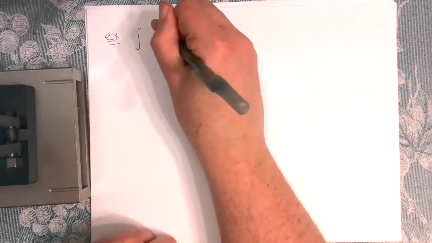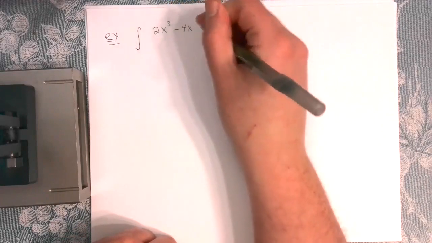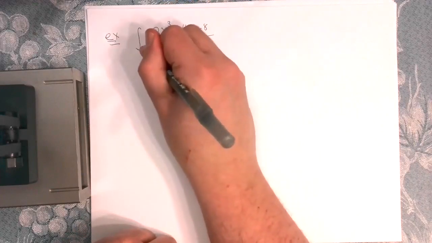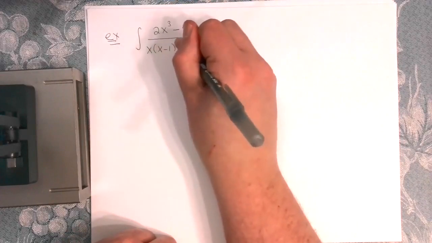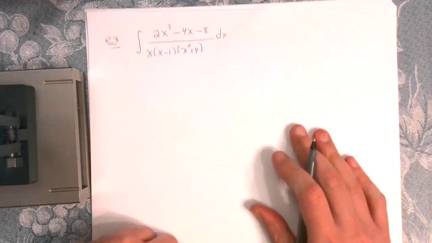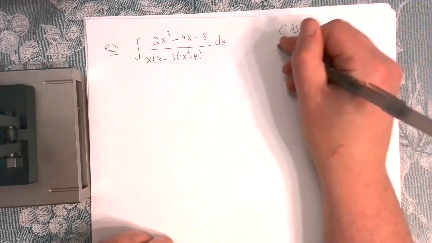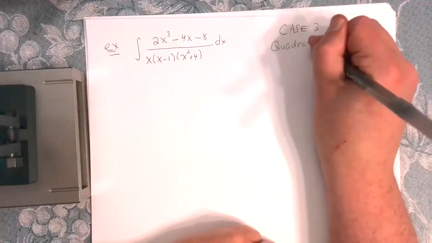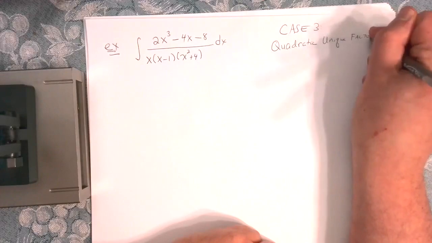Let's try the antiderivative of 2x cubed minus 4x minus 8 over x times x minus 1 times x squared plus 4 dx. And I will label this as case 3. These are quadratic unique factor.